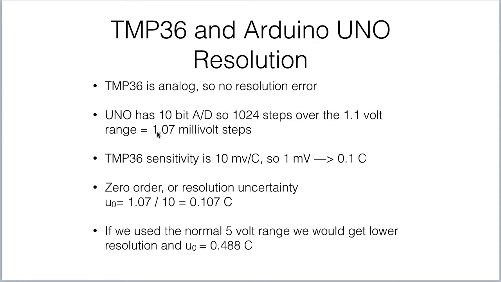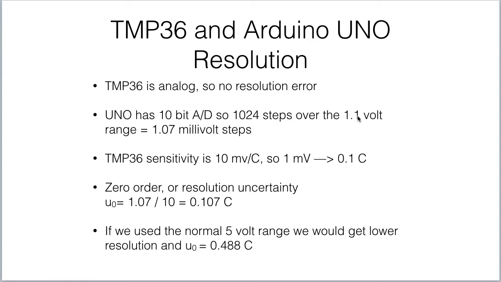So a little more than 1 millivolt steps. And the TMP36 sensitivity is 10 millivolts per degree C. So that 1 millivolt step would translate into a 0.1 degree Celsius uncertainty due to the resolution that we've got. So our zero order or resolution uncertainty would be about 0.1 degrees Celsius.